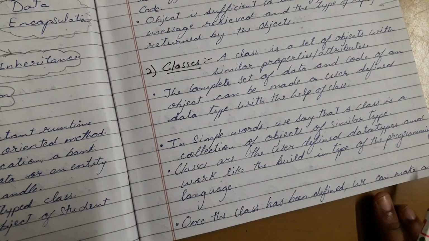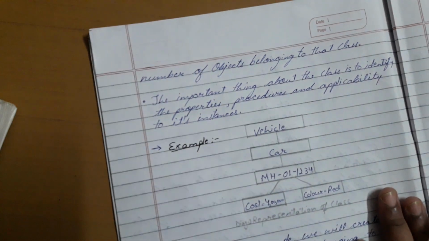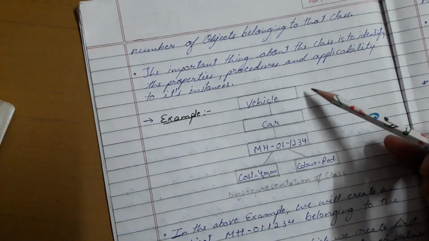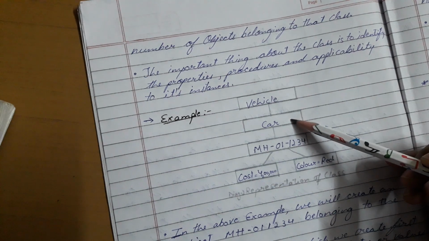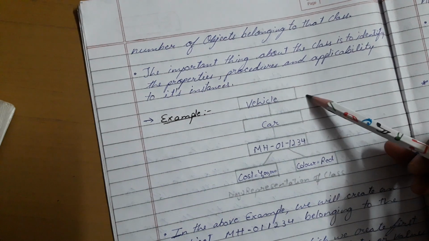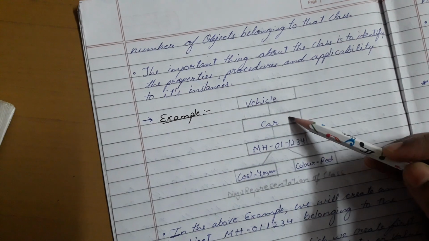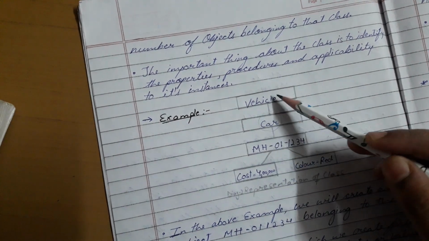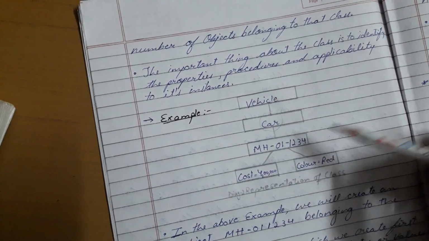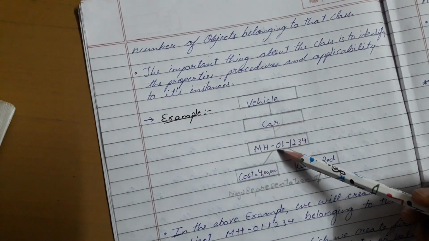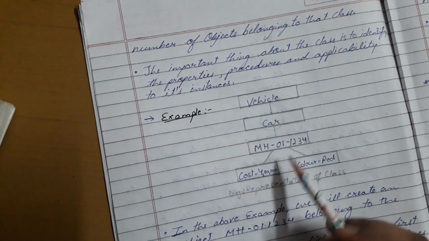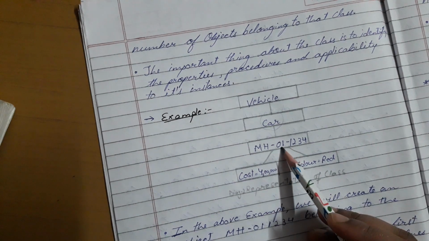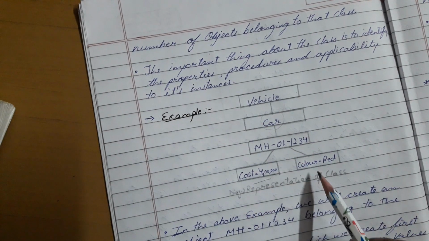Once the class has been defined, we can make any number of objects belonging to that class, such as vehicle. Vehicle has the property of car, buses, trucks, and so on. In it, we can say car is the object of the vehicle, and the other objects of the car are the number plate, the cost, and the color.